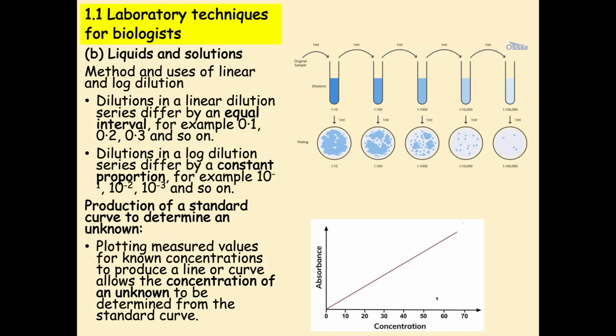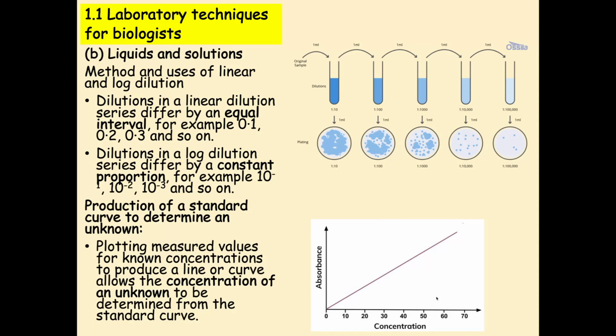Okay, so just keep that in mind. If you are diluting by a factor of 10 like that, or something similar, a constant proportion, then a log dilution would be the one you're doing. And if it's in a series with equal intervals like 1, 2, 3, 4, 5, or 10, 20, 30, 40, 50, we're looking at a linear dilution for that one.